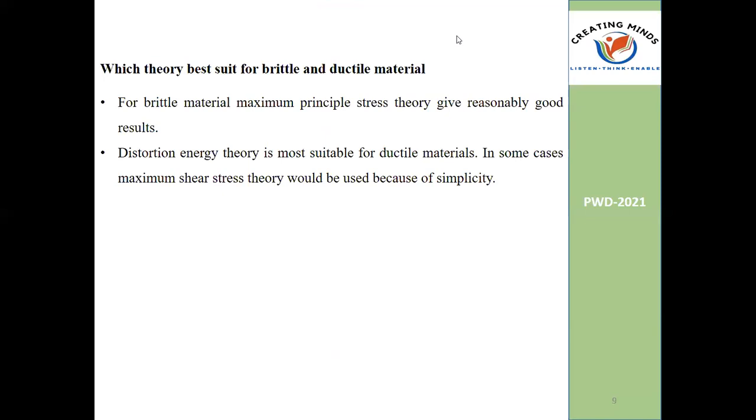Which theory is best suited for brittle and ductile material? See, for brittle material, maximum principal stress theory gives reasonably good results. Distortion energy theory is the most suitable for ductile material. That is distortion energy.